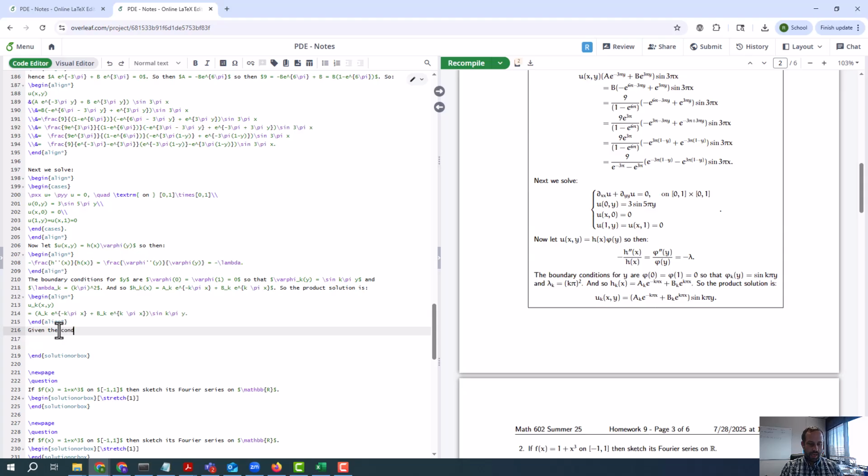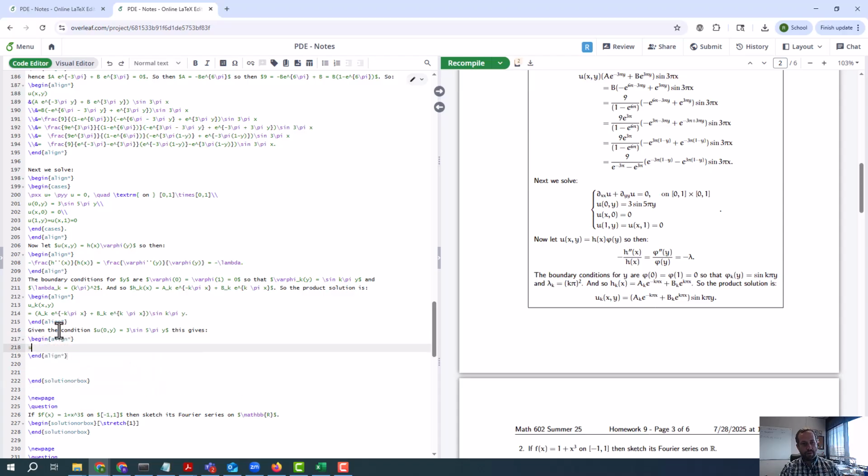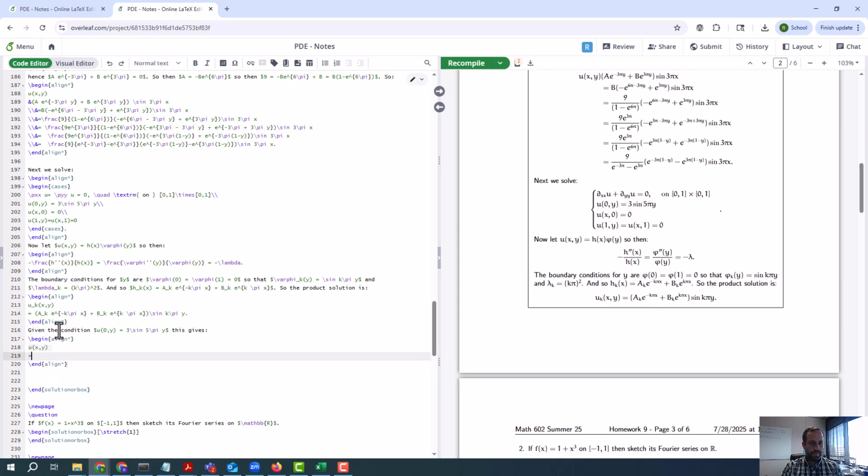Given the condition u of 0 comma y is equal to 3 sine 5 pi y, this gives the solution for this second part of the problem, u of x y is equal to this here, but with k equal to 5. Just like before, I'm not going to write the k's there because k is equal to 5.